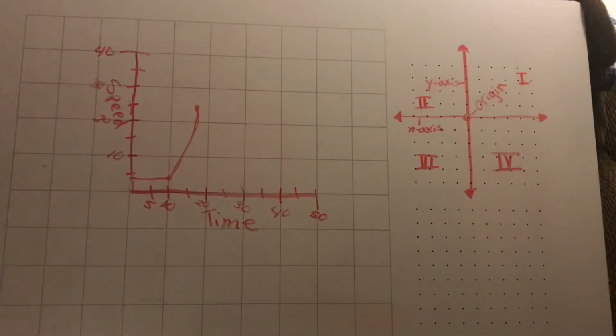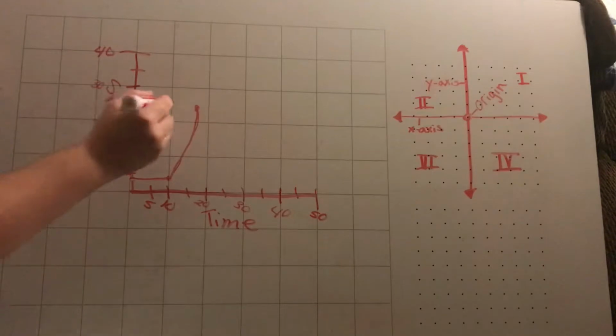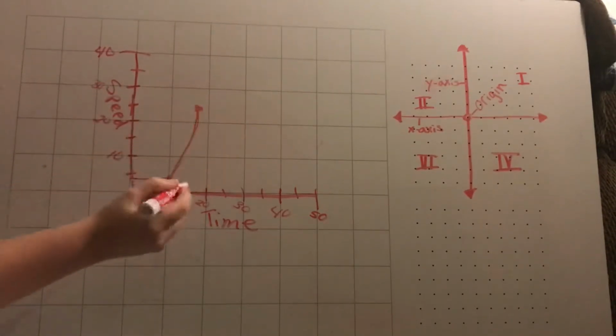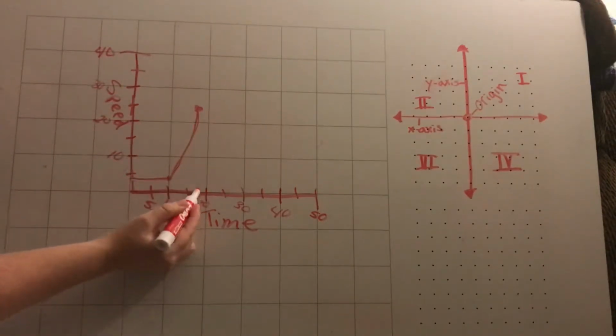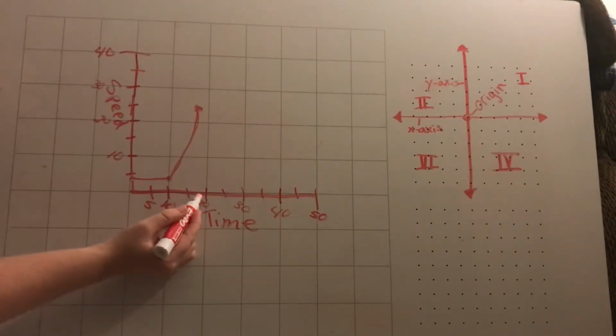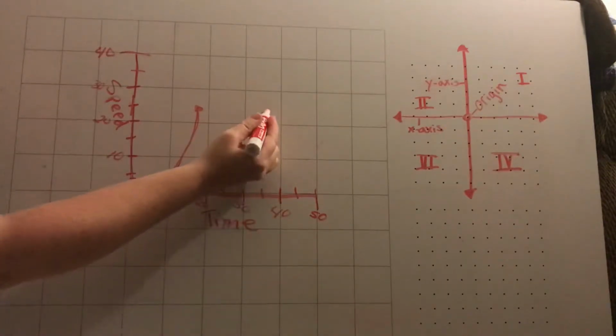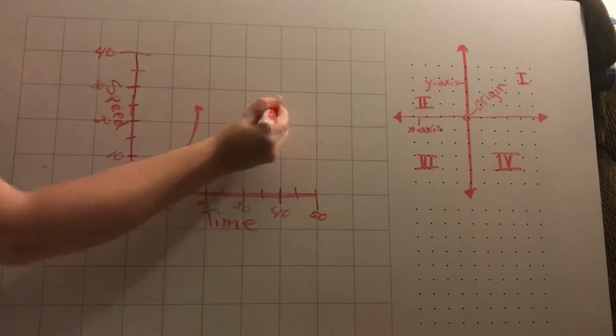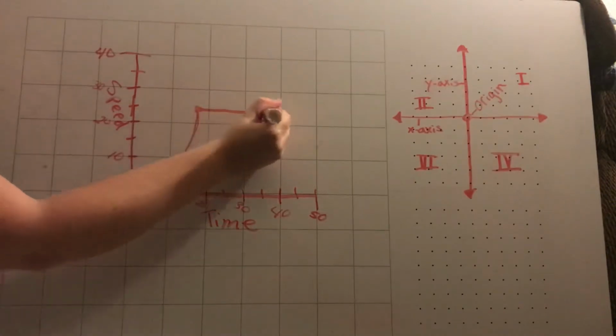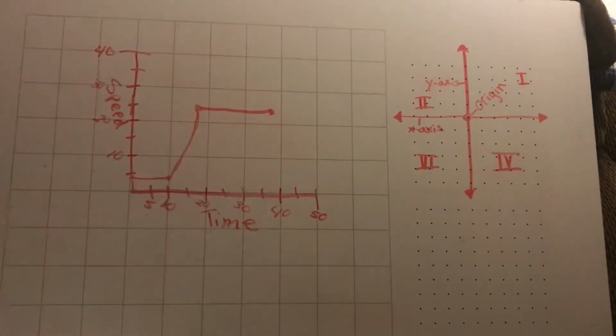Then it stays constant for 20 minutes. So it's going to stay at this rate for 20 minutes. So we are here at 17. So we would go to 27 and then 37. Constant for 20 minutes.